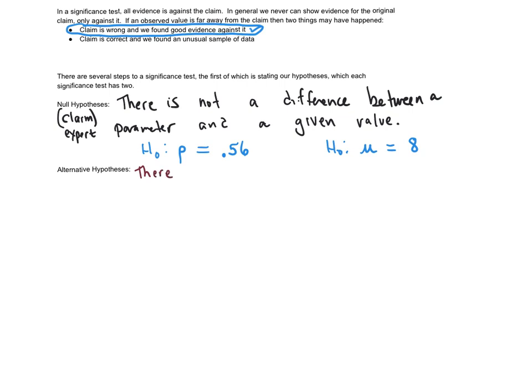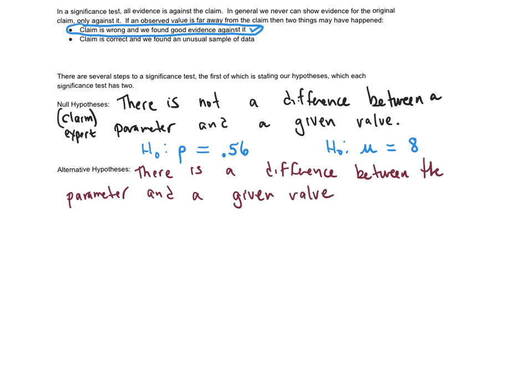And these basically say there is a difference between the parameter and the given value. So these can actually be more varied.